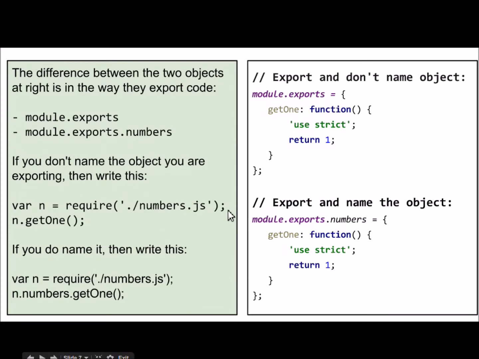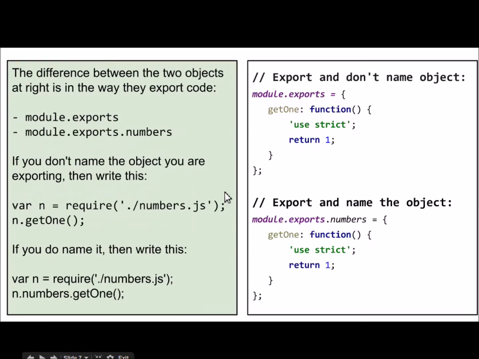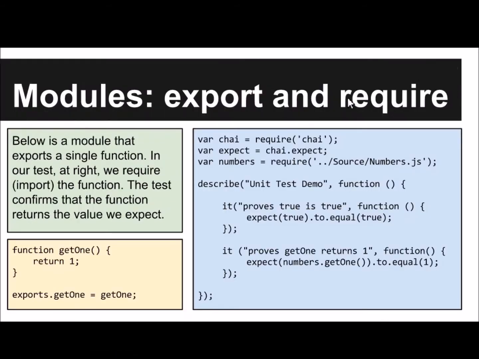Now, here's two different ways to export a single object. In the previous example, we were exporting a function. Now let's look at this example where we're exporting an object. So see the difference here?